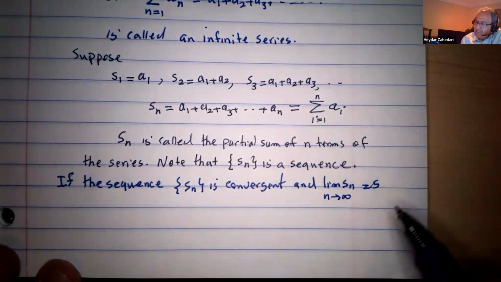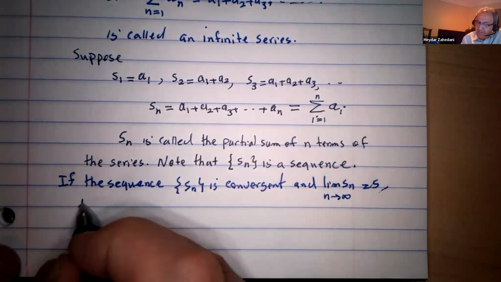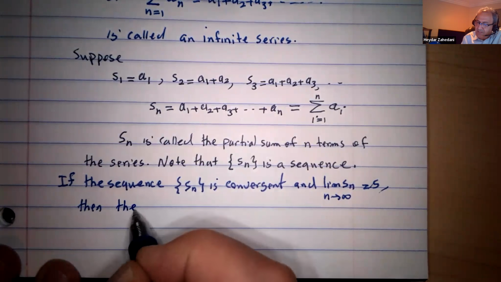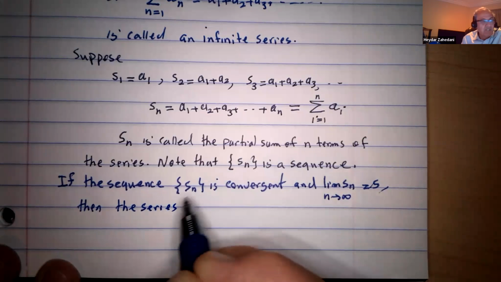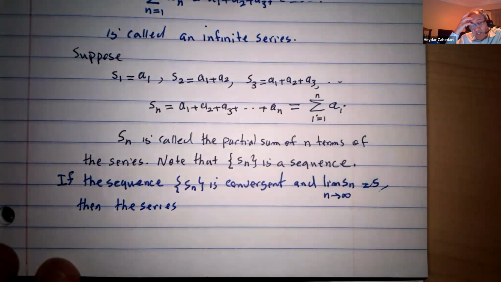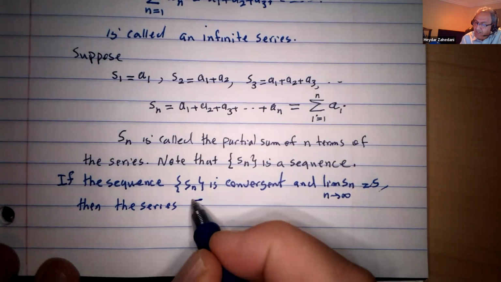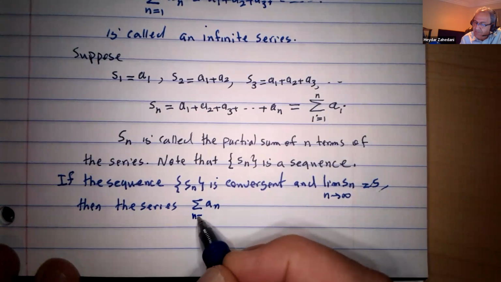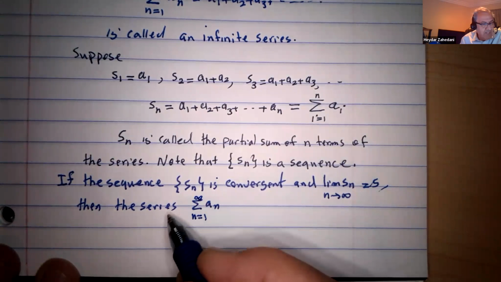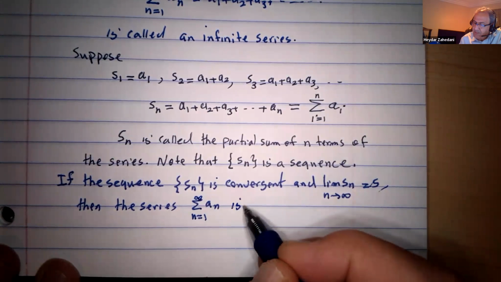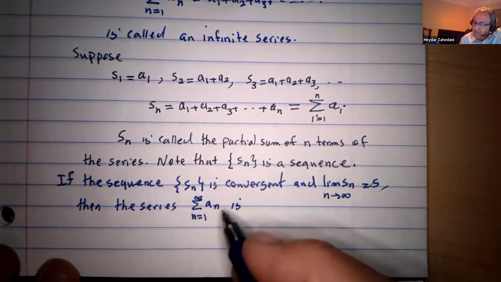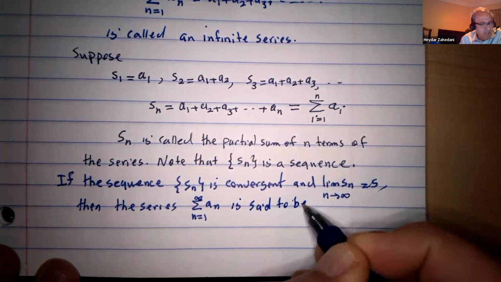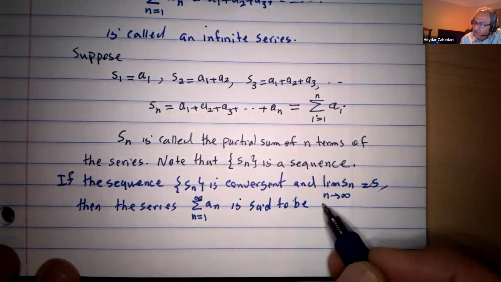And then we say that if it's the case, then the series, if the sequence of the partial sums converges, then the series sigma An, n from 1 to infinity, the infinite sum, is said to be a convergent series.